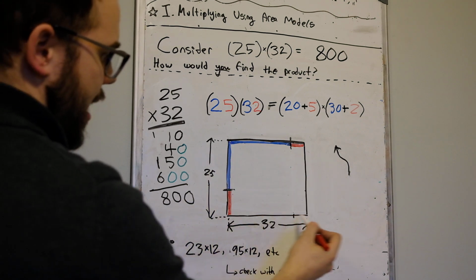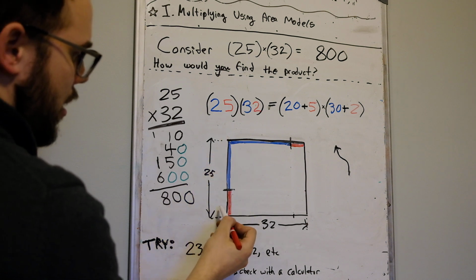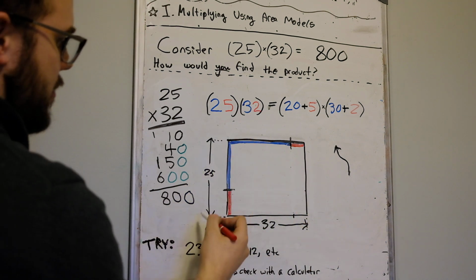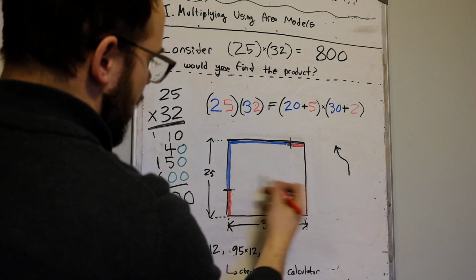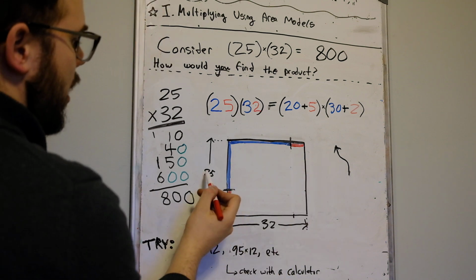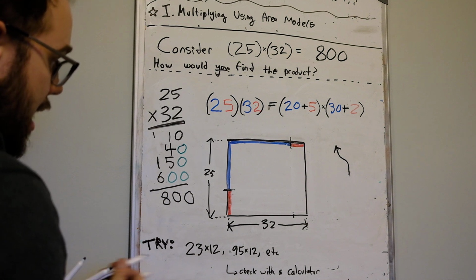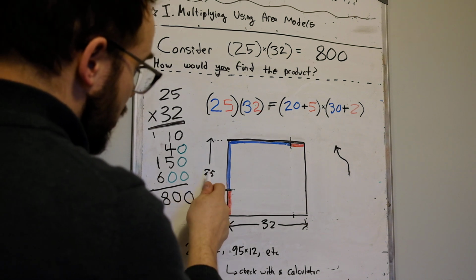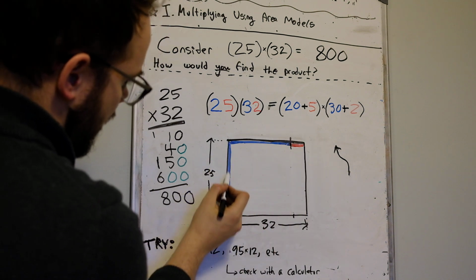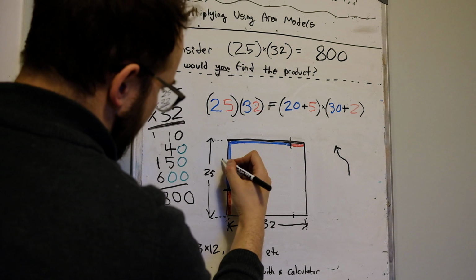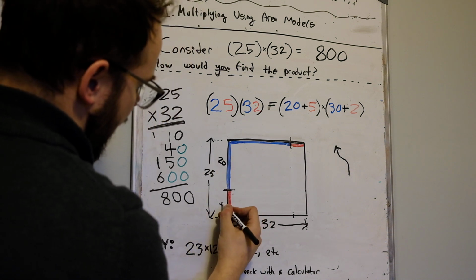So imagine we have a rectangle that is 25 by 32, or 25 times 32. The area of this rectangle, whatever this inside area is, should be whatever 25 times 32 is. What I can do is take the number 25 and break it into two parts. So if this length is 25, let's make this length right here be worth 20, and this red length be 5.